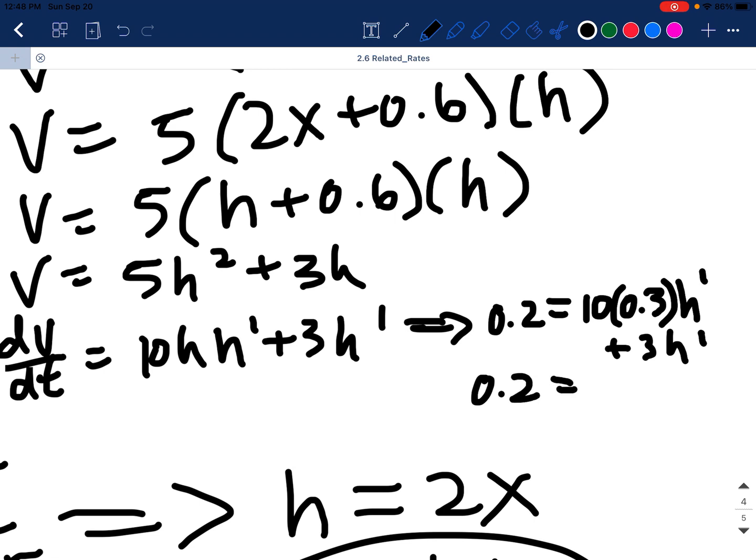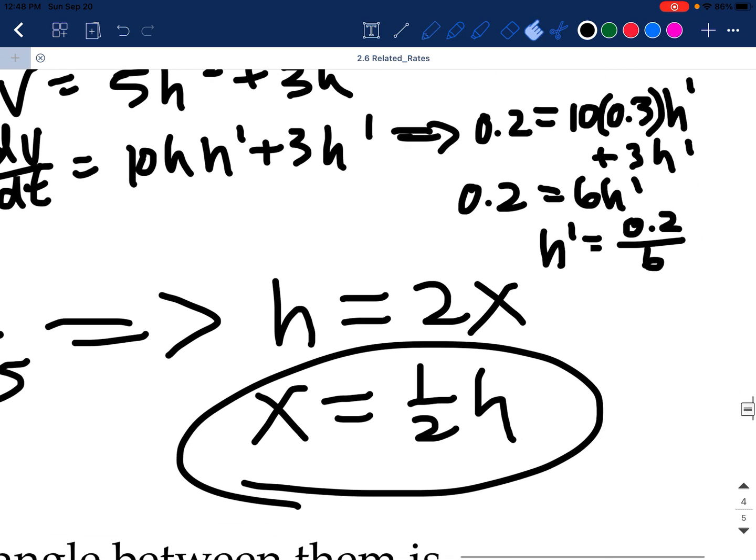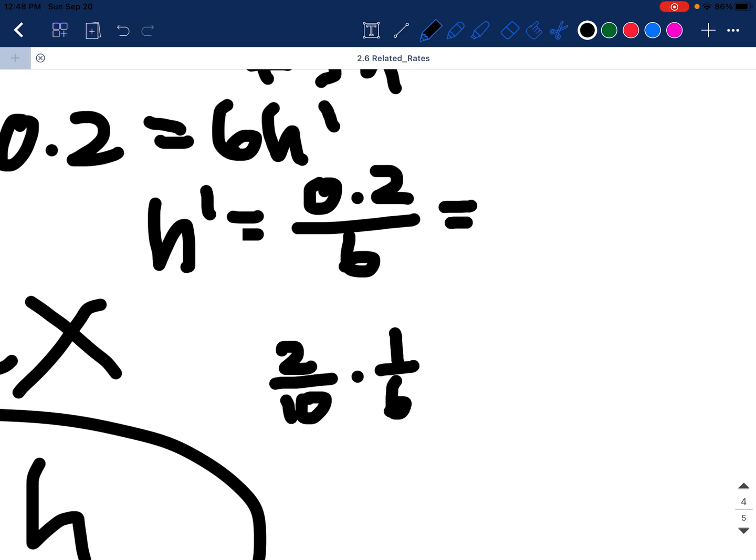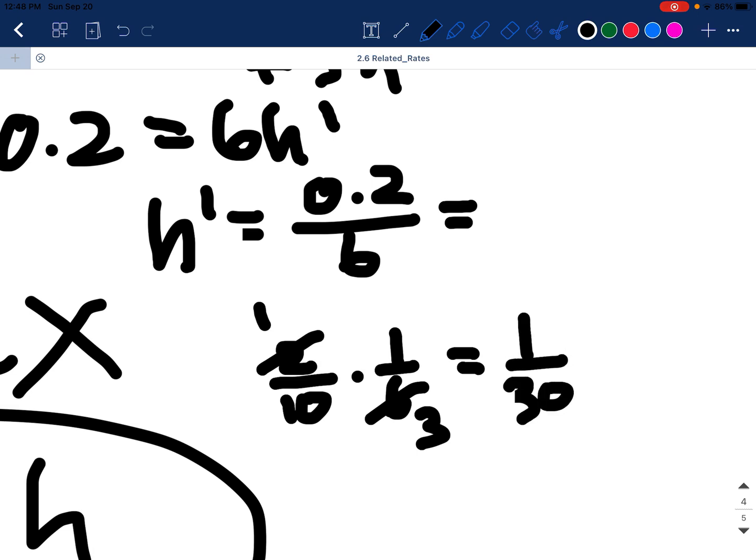So 0.3 times 10 is just going to be 3, so we're going to have 6 h prime. So then h prime is going to be 0.2 divided by 6, which is 2/10 times 1 over 6, going to be 1 over 30.